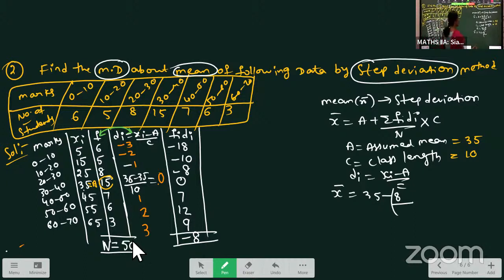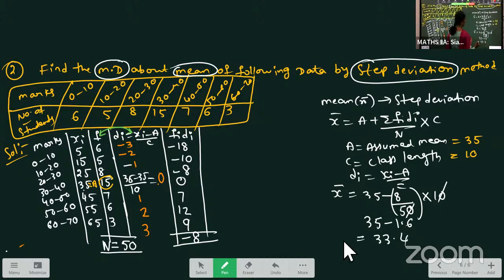So 35 plus -8 by 50 into C, which is 10. The 0s are cancelled. 8 by 5, 35 minus 1.6. It is 33.4. 33.4 is just the mean.